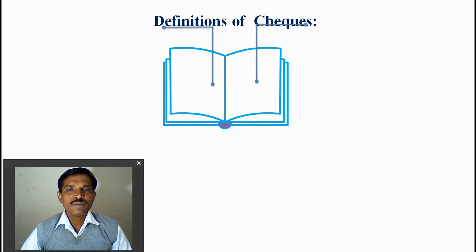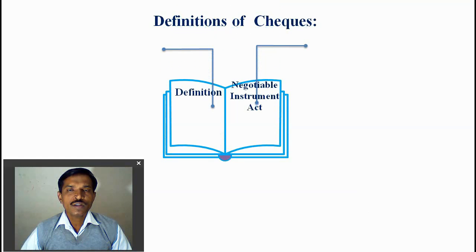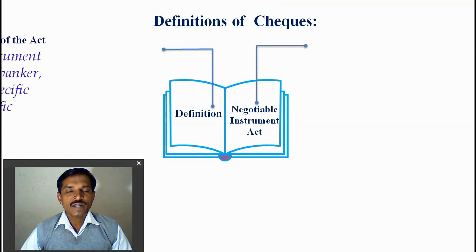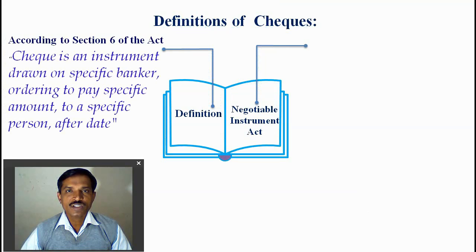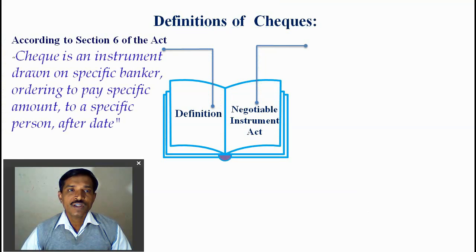So, definition of check: the Negotiable Instruments Act 1881, section number 6, gives the definition of check. A check is an instrument drawn on a specific banker ordering to pay a specific amount to a specific person. So a check is always drawn on the banker for a specific amount to a specific person.